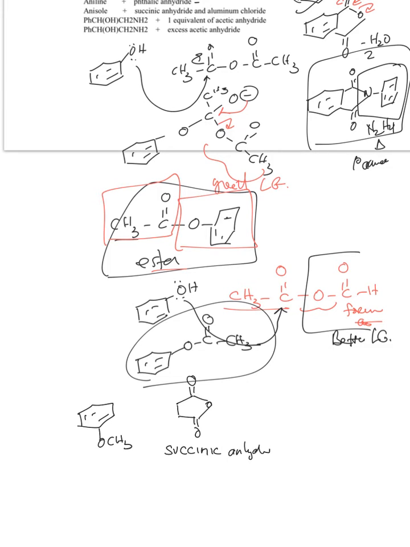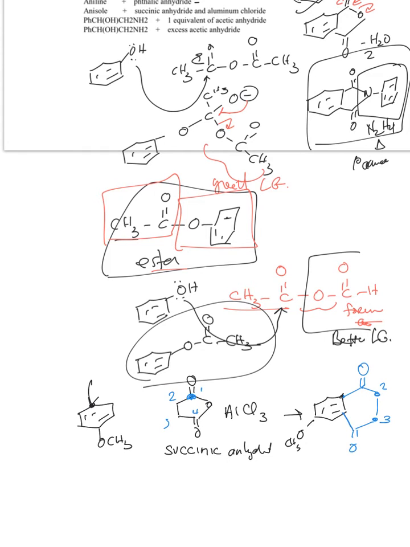anhydride and aluminum trichloride. So what's happening here is it will make the acid chloride, and then it will add first here, and then you're going to get ring closure. So CH3, it would add here, through a Friedel-Crafts. 1, 2, 3, 4. 1, 2, 3.